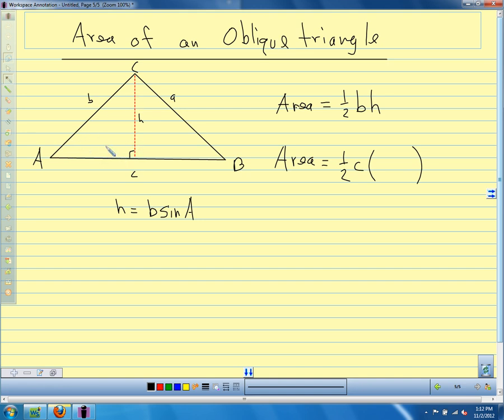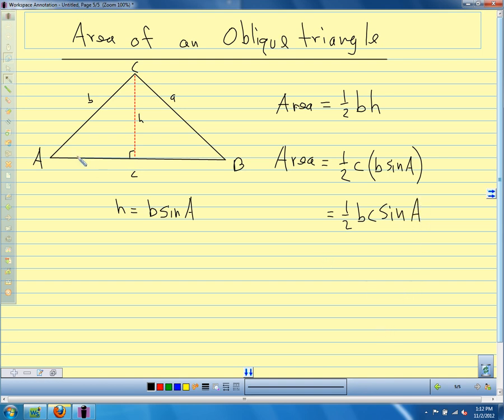Our height is B sine A. So I can plug this in over here for the height. The area is 1/2 C times B sine A. And the way we normally write this is 1/2 BC sine A.